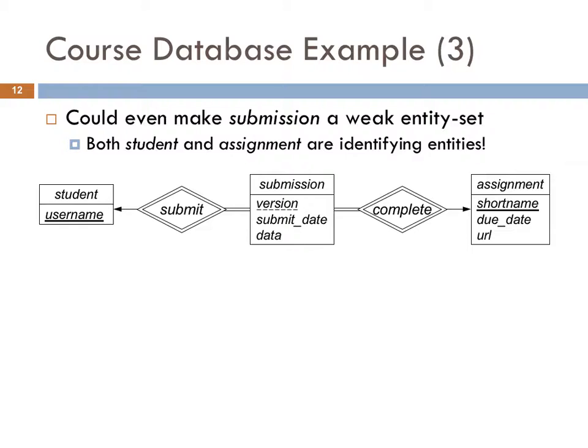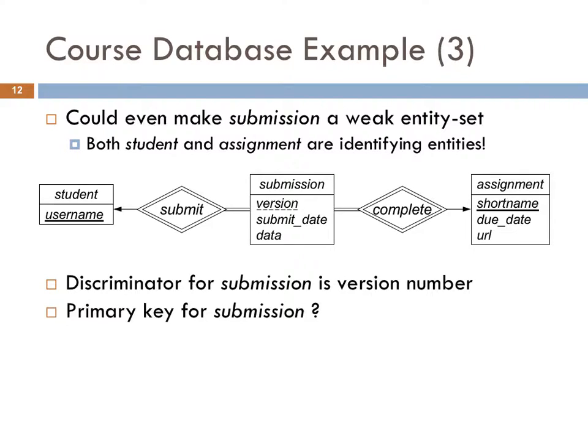So we can say that's a discriminator, and so we'll go ahead and make that a weak entity set. And notice that we have 2 identifying entity sets in this case. Okay. So primary key for submission. Well, we talked about this last time. Remember, the discriminator, we also call it a partial key, because it isn't a key by itself.